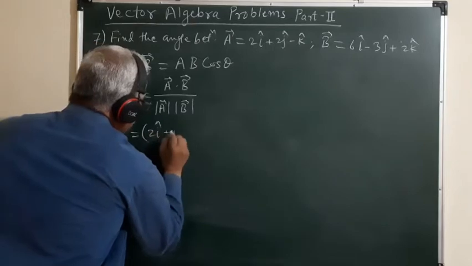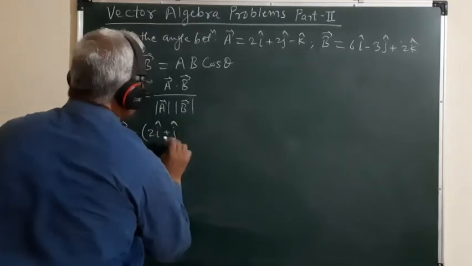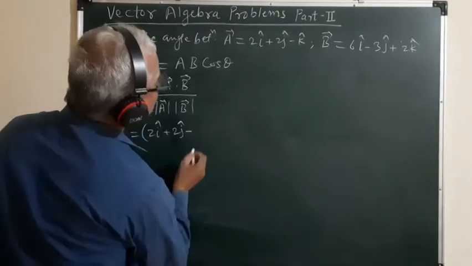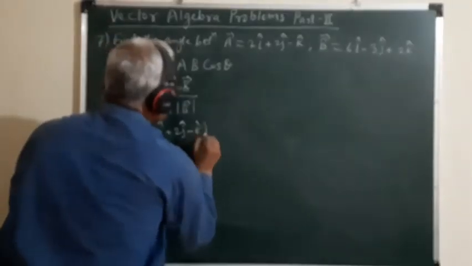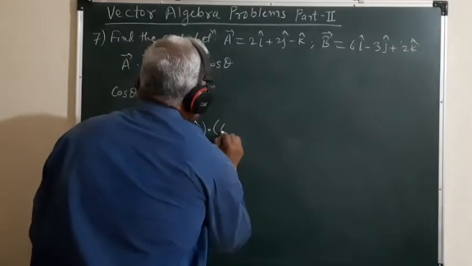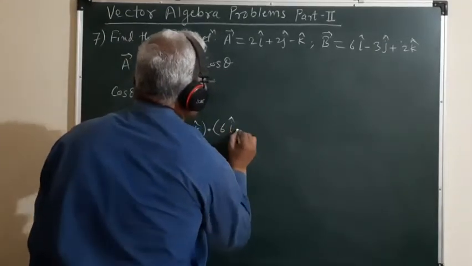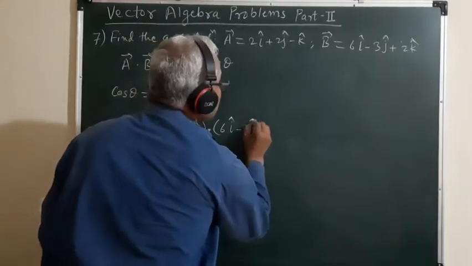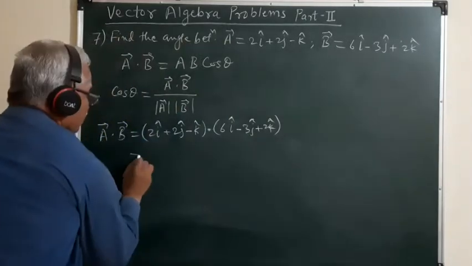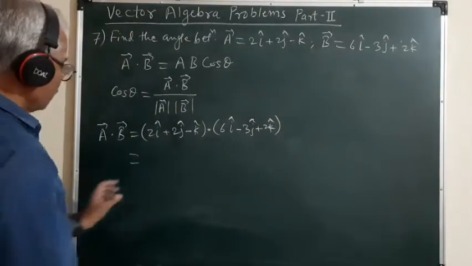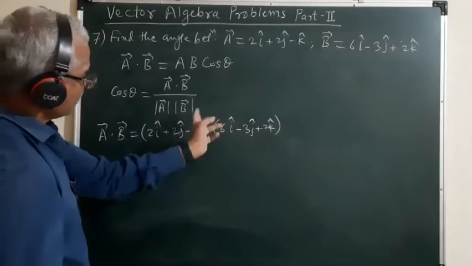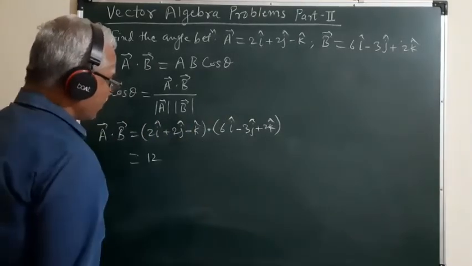So the dot product of these two vectors A bar dot B bar is expressed as 2i cap plus 2j cap minus k cap dot 6i cap minus 3j cap plus 2k cap. So this is equal to 6 into 2 is 12, i dot i is 1, i dot j, i dot k is 0, so forget about it.